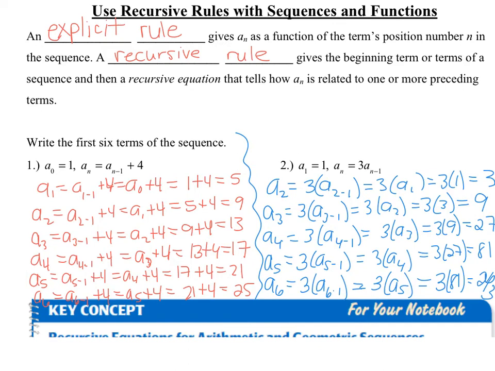So the first 6 terms of this sequence are 1, 3, 9, 27, 81, and 243.